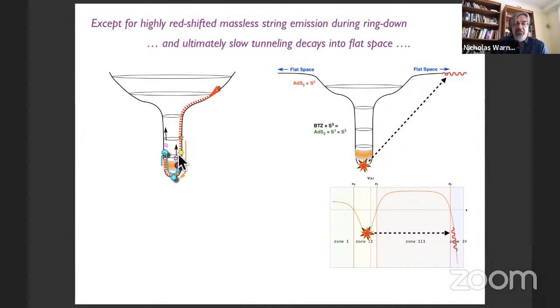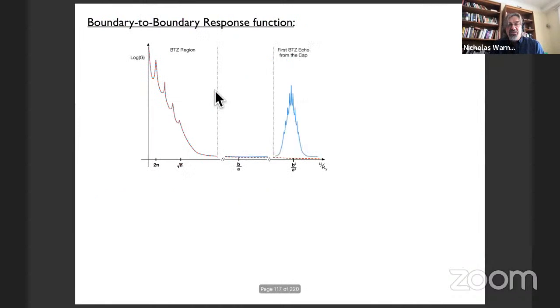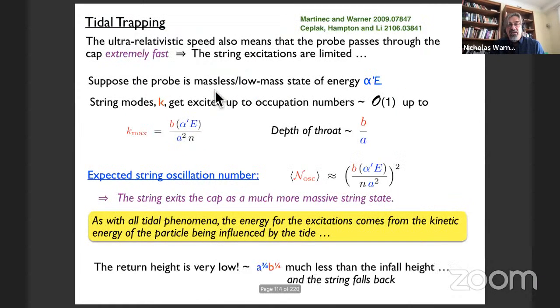And then it hits the bumps and fragments into all sorts of stuff, and it comes back out as low mass stuff. So it doesn't require much energy here. The excitation spectrum is cut off by the amount of energy you throw in and the redshift involved.